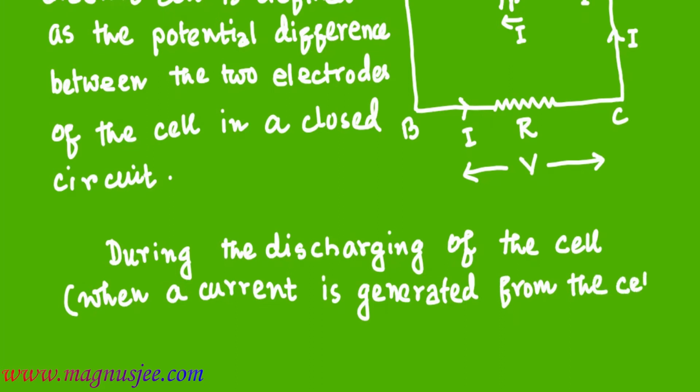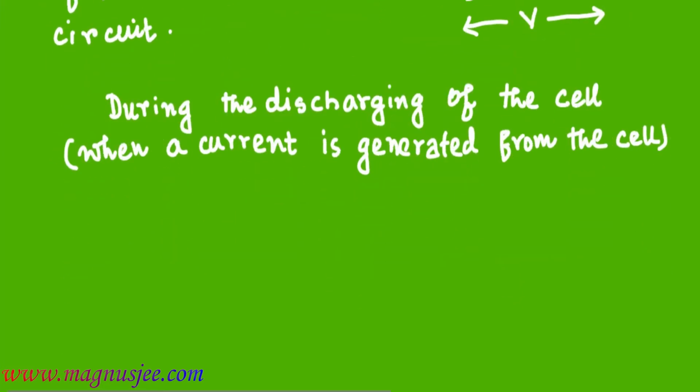When a current is generated from the cell, then terminal voltage will be equal to EMF minus lost volt.